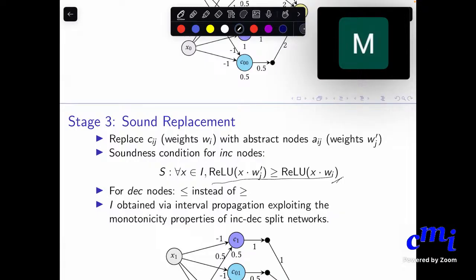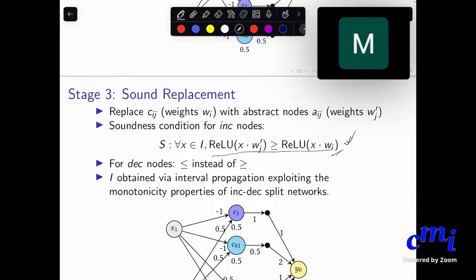In the example we have taken all the nodes as increasing nodes, so for the increasing nodes this should be satisfied, and for the decreasing nodes vice versa, that ReLU of Wj dash x should be less than or equal to ReLU of the original x into Wi.